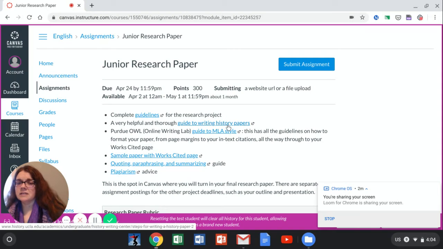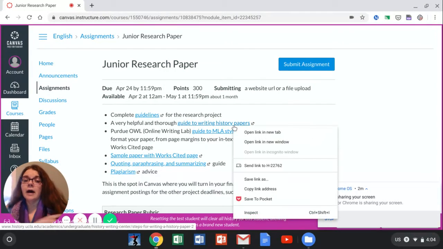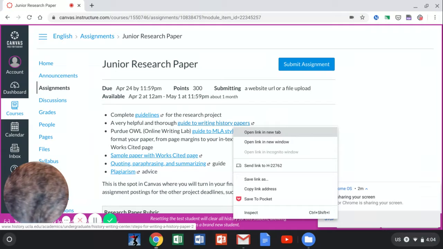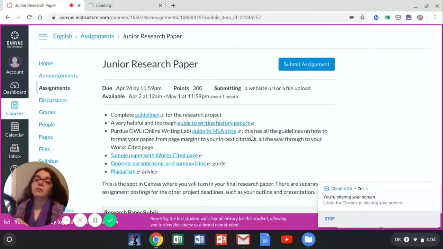This one here that says a guide to writing history papers is actually from a different school. This is from UCLA. But since I have y'all using historical topics, I thought this was a really good reference because it talks specifically about writing for a history class.